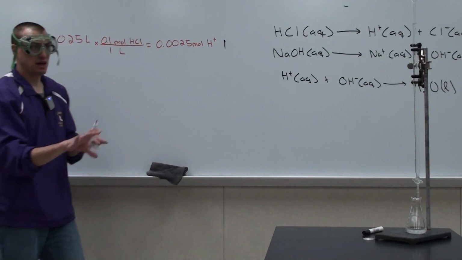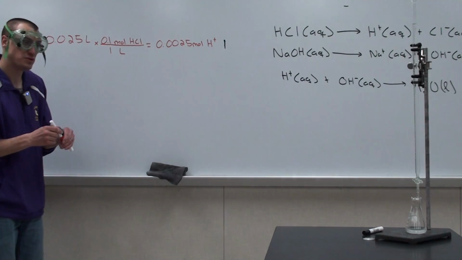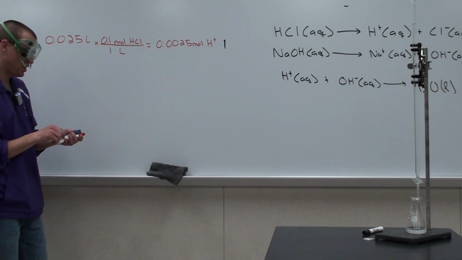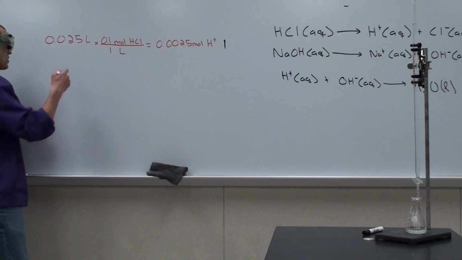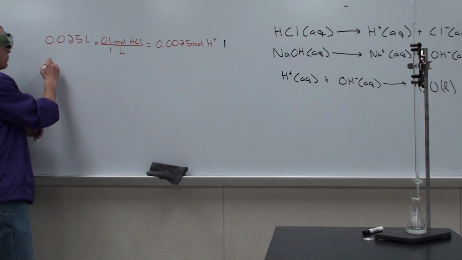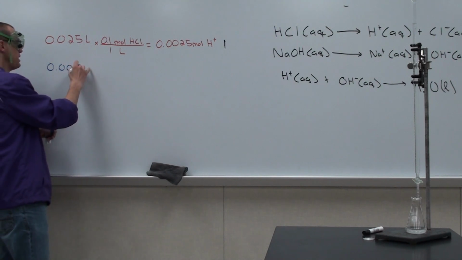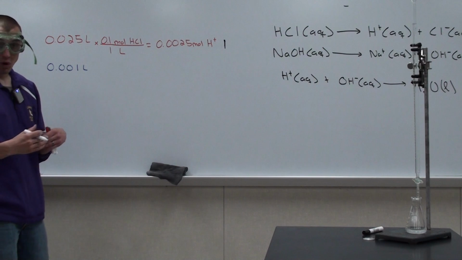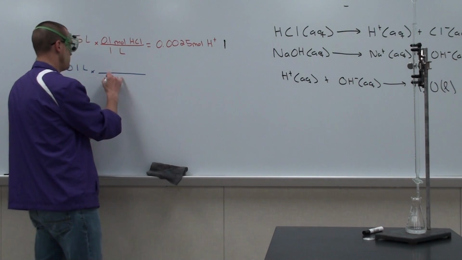Now, I said a little while ago that we added exactly 1 milliliter of sodium hydroxide to this solution, and that sodium hydroxide was 0.1 molar as well. So again, we want to find out the number of liters that we added, which is 0.001 liters of this 0.1 molar base.